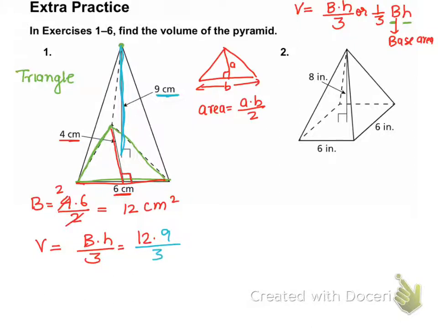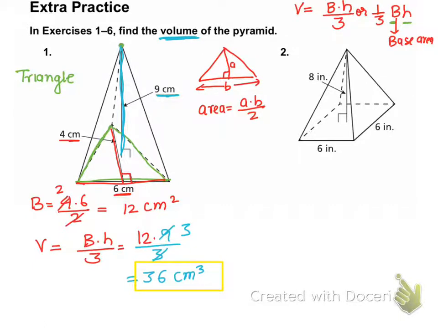So let's simplify it. You simplify it, cross cancel, up to you, whatever method you like. So that's 36. But is that answer complete? No. Without unit there is no meaning. So it should be centimeter or centimeter squared or centimeter cubed. Because you're finding the volume, it is supposed to be cubed. So 36 centimeters cubed is your answer.